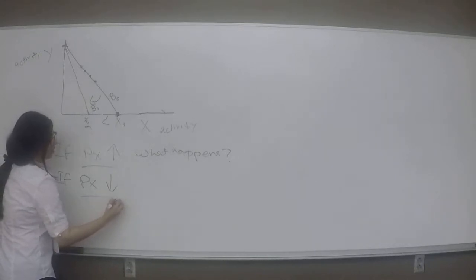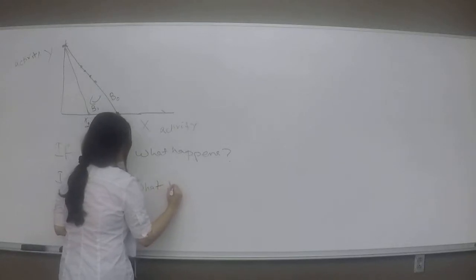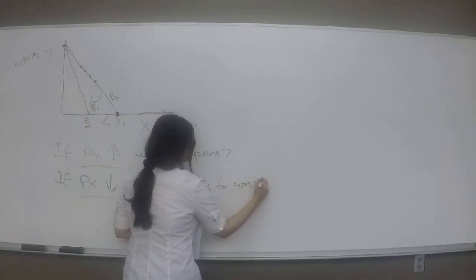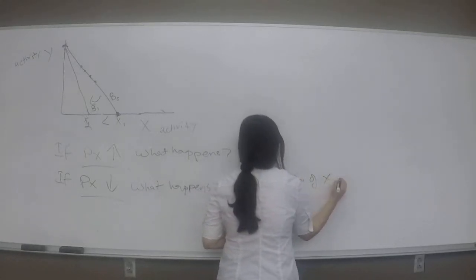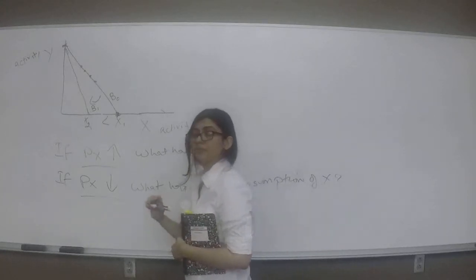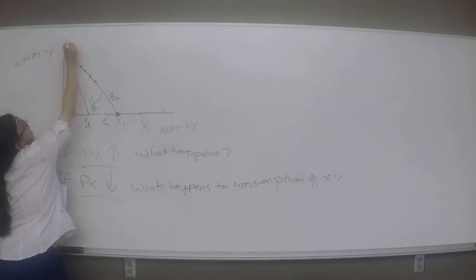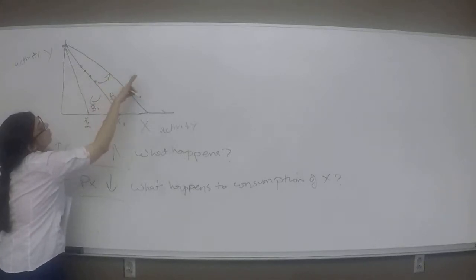What if I say the price of X decreases, what happens to consumption of X? Is it going to increase or decrease? Increase. It's going to increase. X is cheaper now, so the consumption of X will increase and the budget line will shift outward.